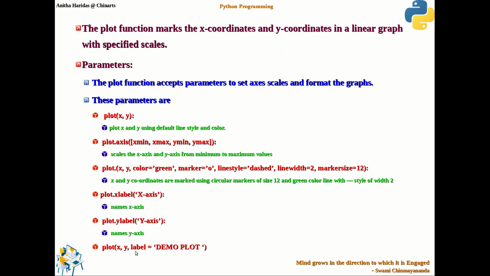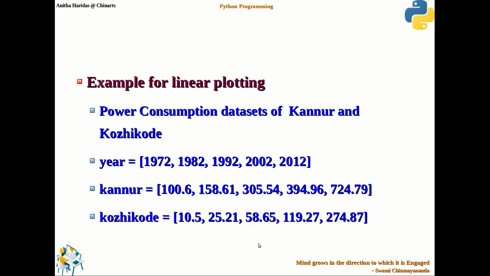If you use this parameter, it gives a name for the entire graph. So something like the title, right? If you want to give a title for that particular graph, then you can use the label. Apart from that, you have the title function also, which can be used for specifying the title, right? So you call this title the legend of that particular chart. Okay, so these are some of the parameters that we will be using in the plot function.